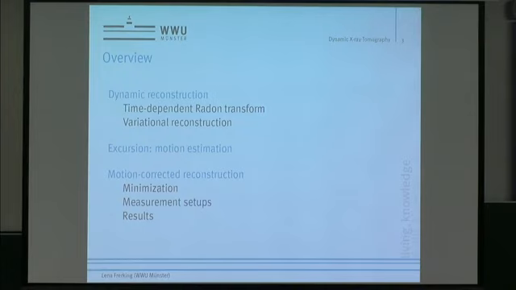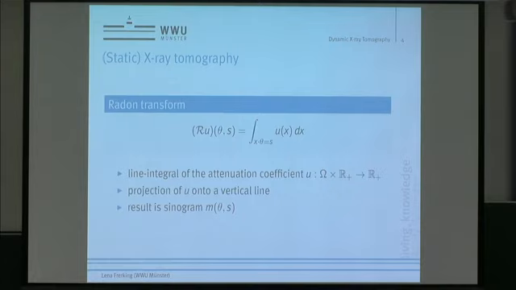Since the model I want to use in the end also includes a term for estimating motion, I will then make in the second section a short excursion about the topic of estimating motion, and then for the third part I will go back to the main topic, which is the dynamic reconstruction, and there I will very shortly comment on the minimization of this model. I will show some measurement setups that we want to use, and of course in the end I will show some results.